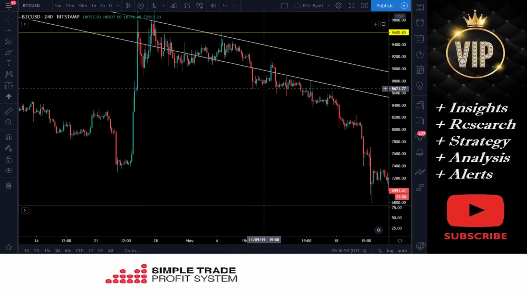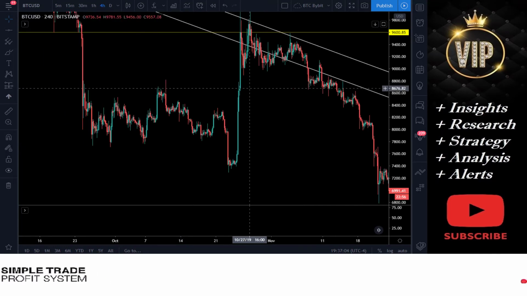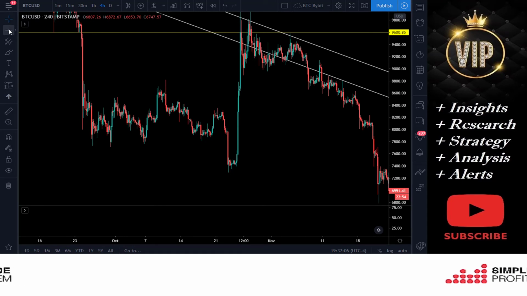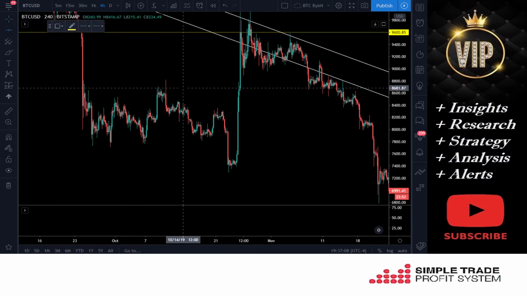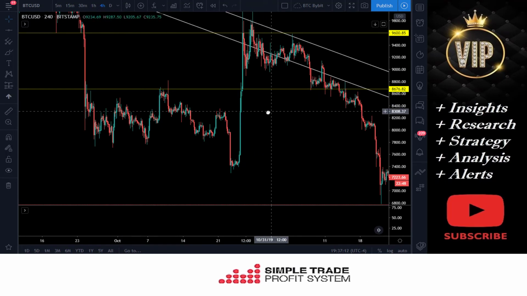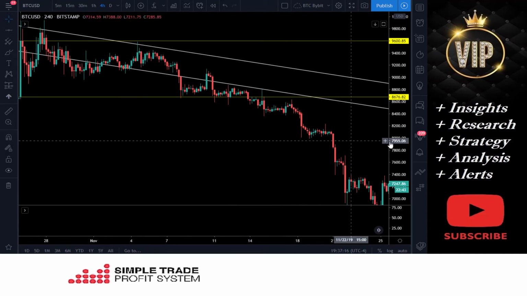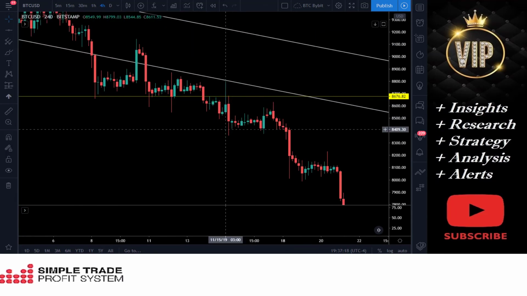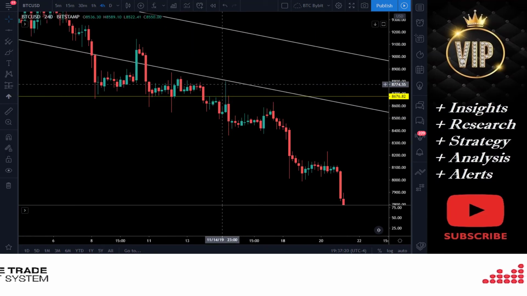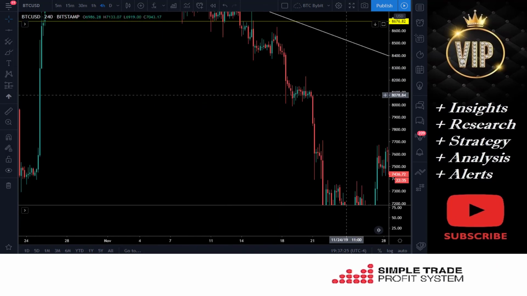Here's another example. So we know this is an area of resistance here. So let's draw our horizontal line here. It was resisted, was actually supported here a little bit, broke through it, and then look at this long wick candle with strong rejection right here in this area at 8,600.